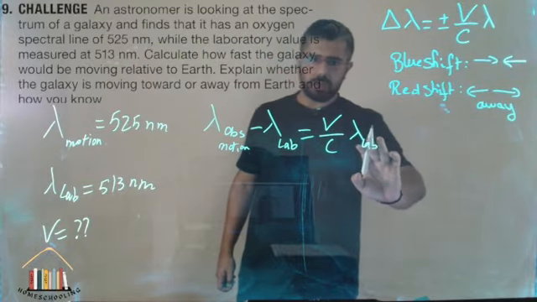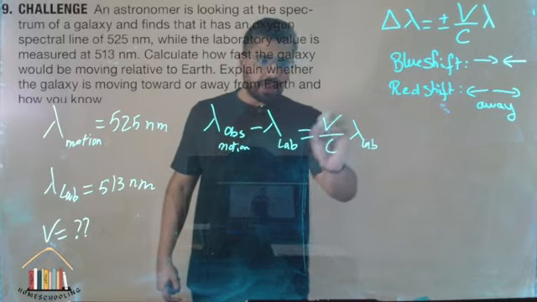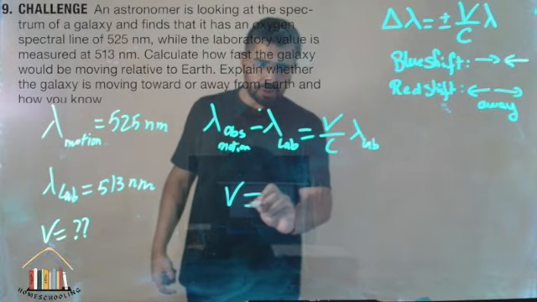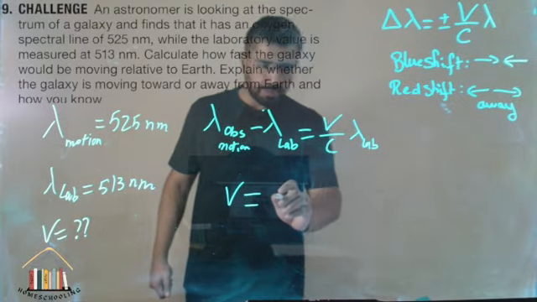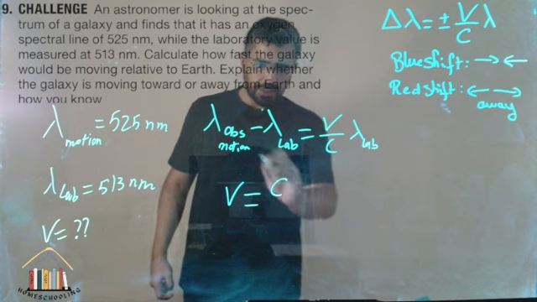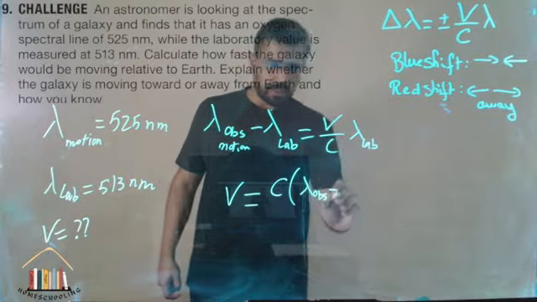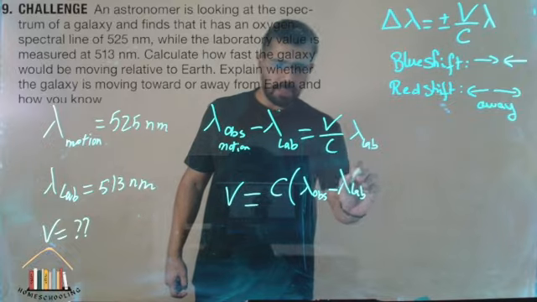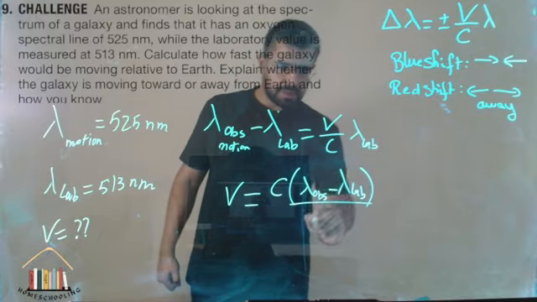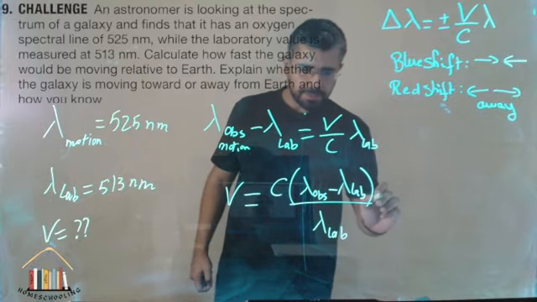You can keep it without any index here. What I'm interested in is the velocity, so I arranged the equation. Now it could be written as c multiplied by lambda of the observer minus lambda of the lab, divided by lambda of the laboratory.